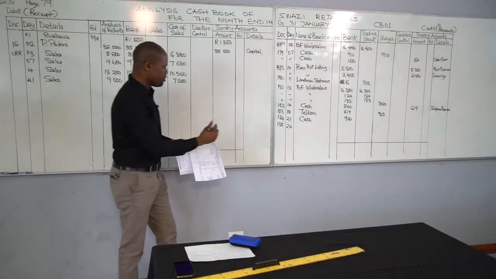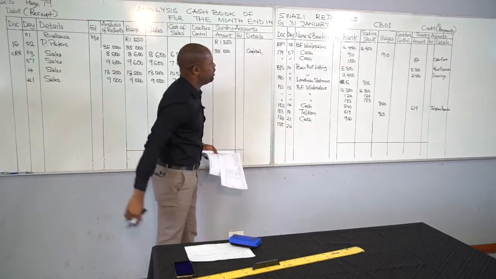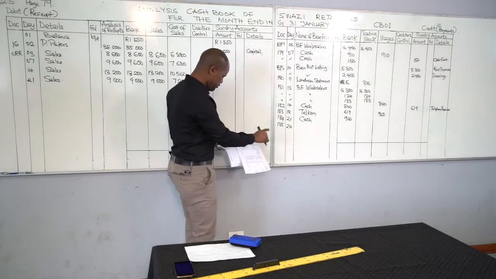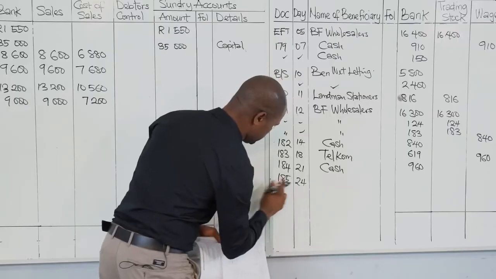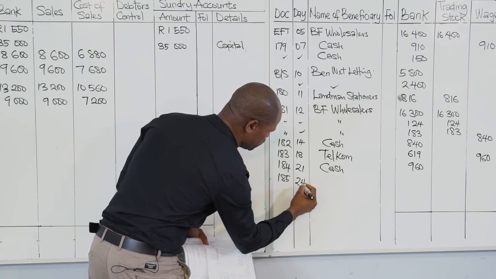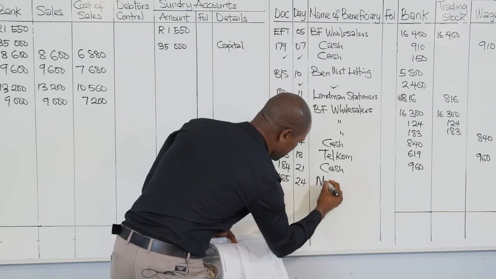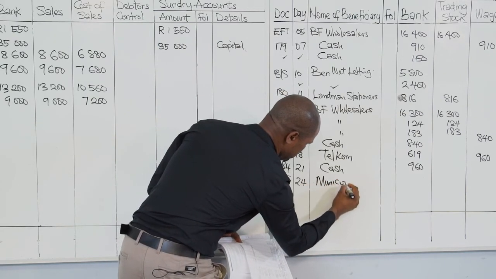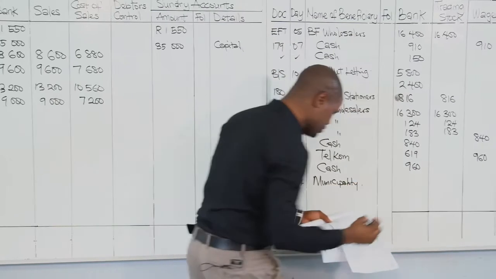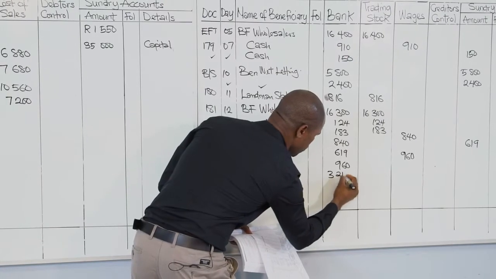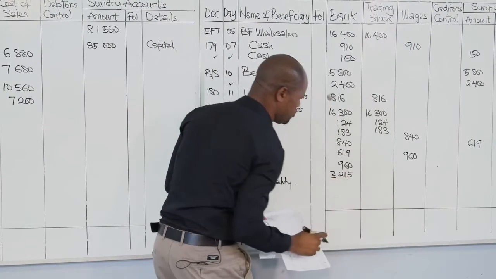So now I'm going to post under the credit side the check that was issued for the municipality. So it is 185 on the 24th of January. I will write just municipality there. And the amount is 3,215 for water and electricity.